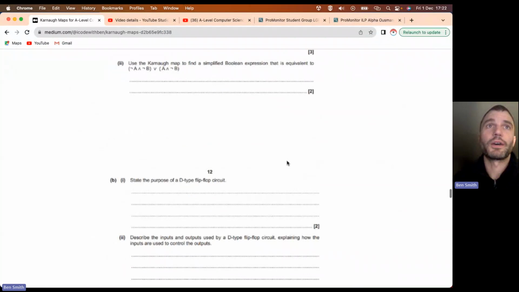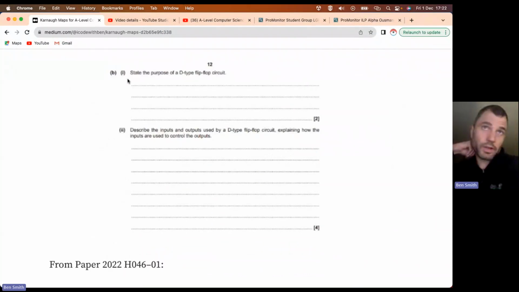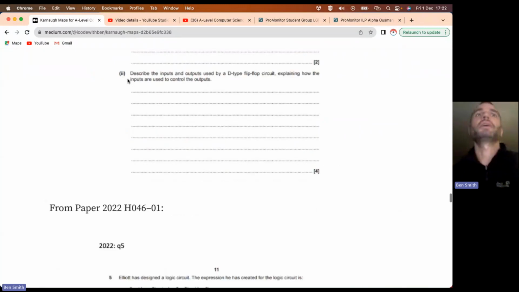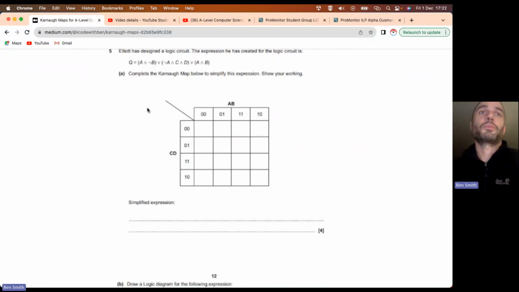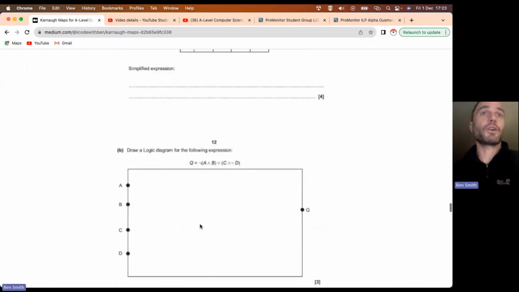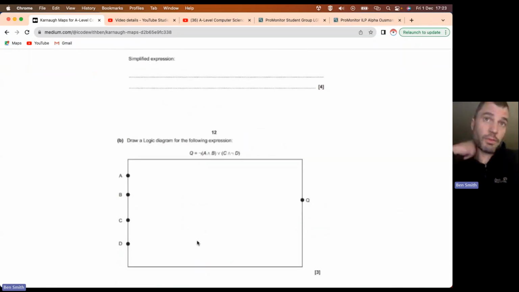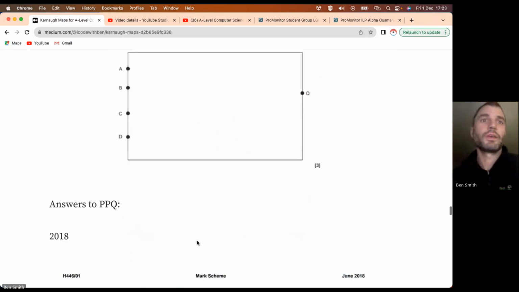So how would you do that? And then there's another bit on D-type flip-flop circuits, which is another topic entirely. And then again here, they're asking you to put this Boolean expression into this box and simplify it, and then draw a logic diagram for that expression.